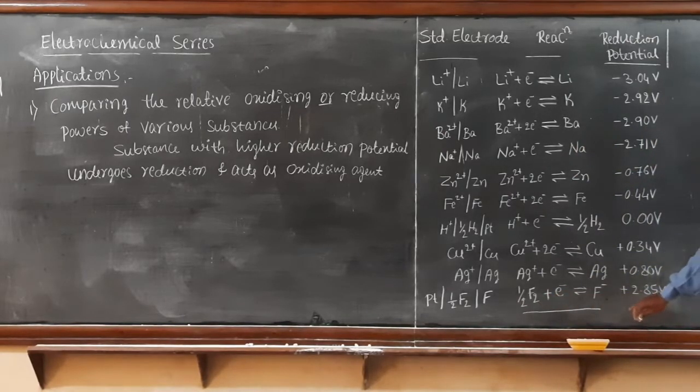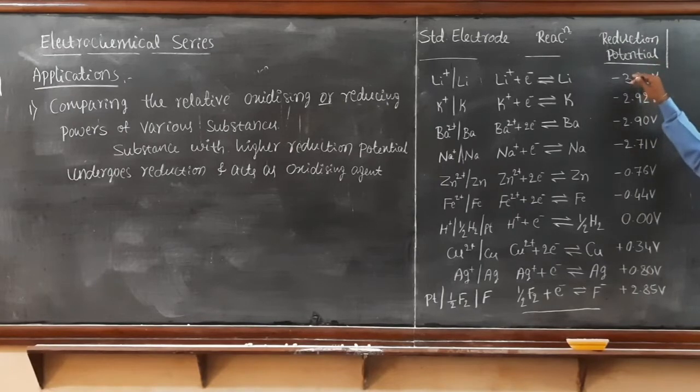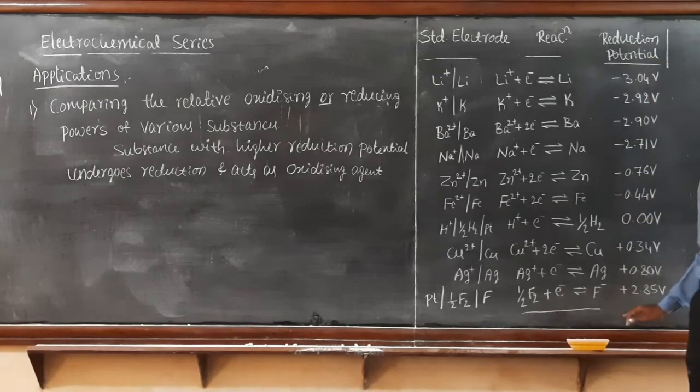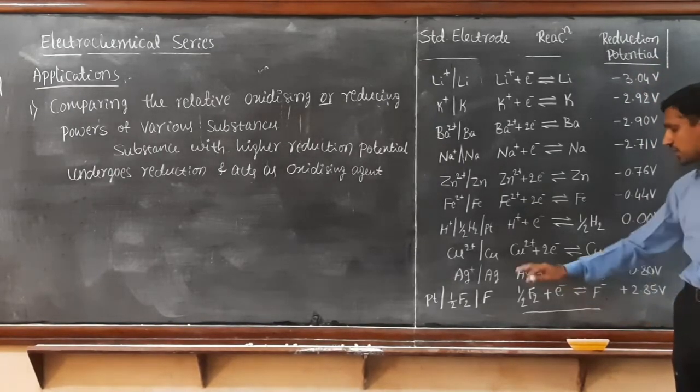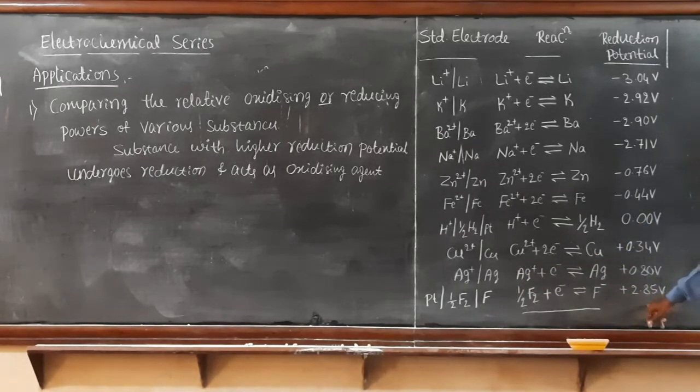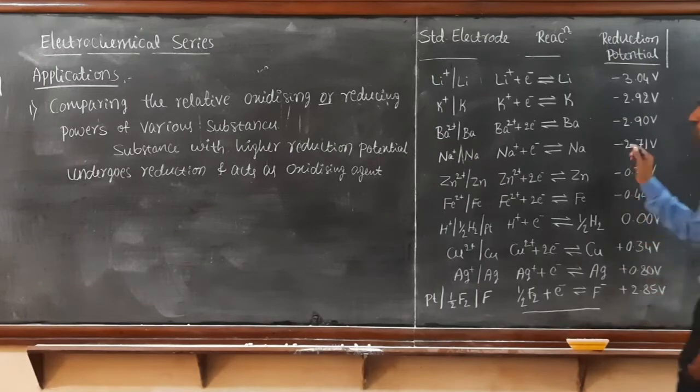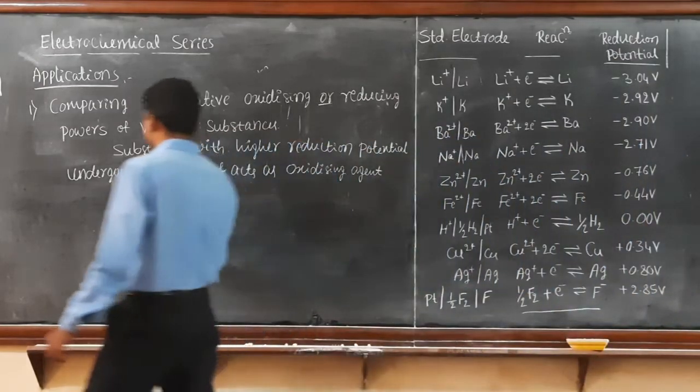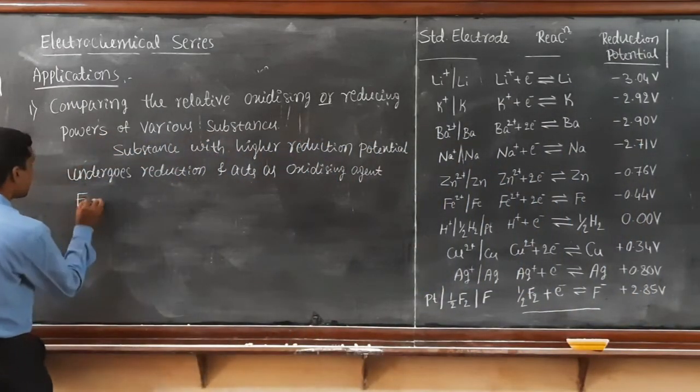Therefore it will act as the best oxidizing agent in the electrochemical series, because the standard reduction potential of F2 has a higher value. So F2 becomes the best oxidizing agent in this case.